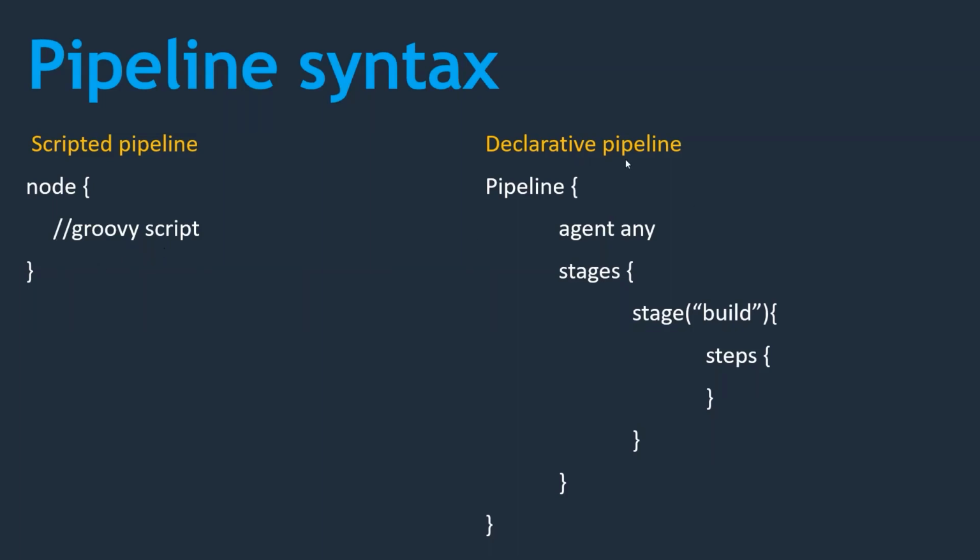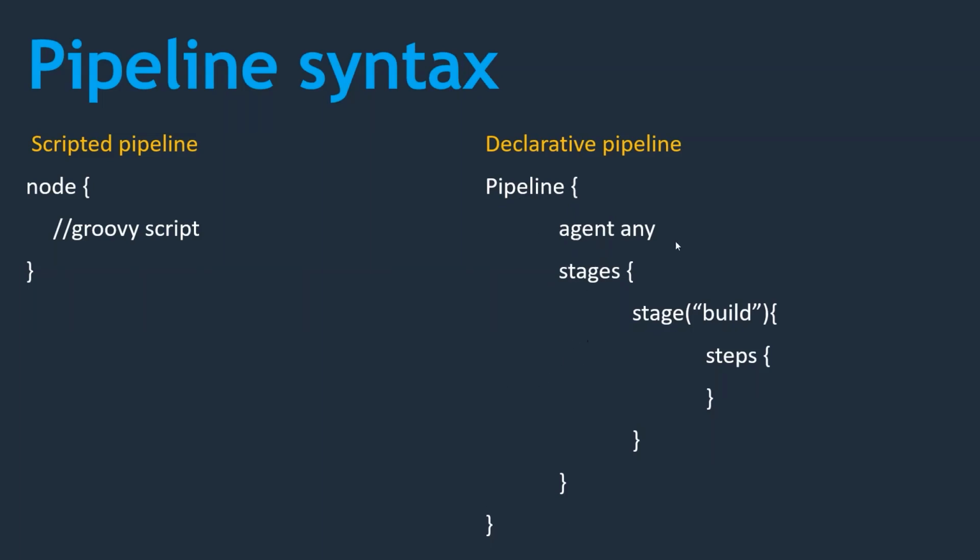But in the declarative pipeline, it starts with pipeline and it has agent any, which talks about on which agent you need to run, and stages. There are different stages. In between the pipeline block you need to define all your conditions.